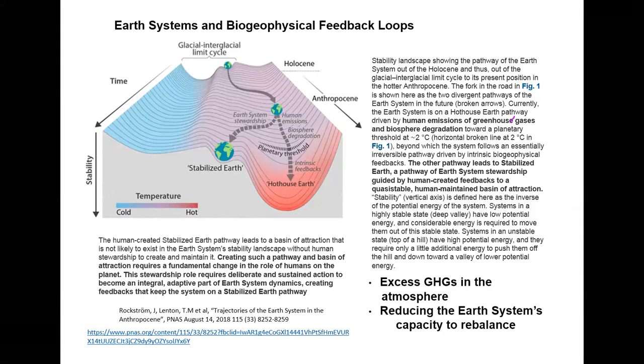It comes from an article published in August 2018, a scientific study. It concerns two possible pathways from which we can choose. I've mentioned two of the authors before, Johan Rockström of the Stockholm Resilience Centre and Tim Lenton, climatologist and Earth system scientist at Exeter University.